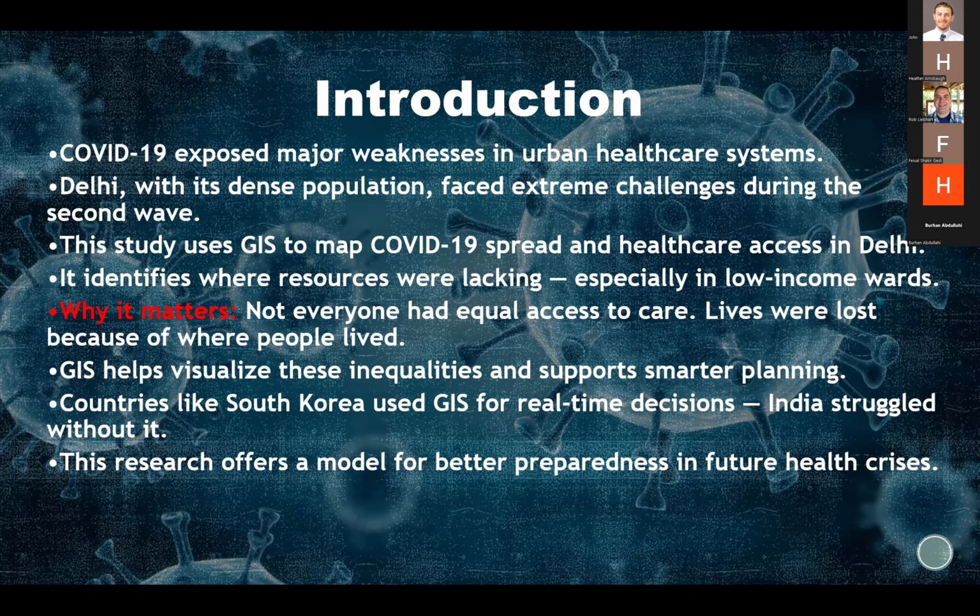While countries like South Korea use GIS for real-time decision making, India has fragmented systems and manual tracking. This study fills that gap. So it shows how GIS-based mapping combined with testing data can offer life-saving insights. So if this had been in place, lives might have been saved.